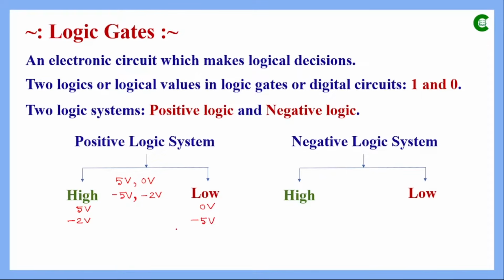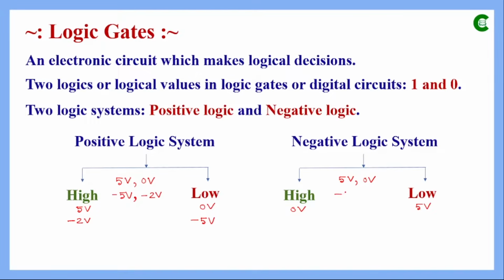And this case is reverse in the negative logic system. So if we follow the negative logic system and we have in the circuit two voltage levels again such as 5 volt and 0 volt, then logical high will be mapped with 0 volt and logical low will be mapped with 5 volt.